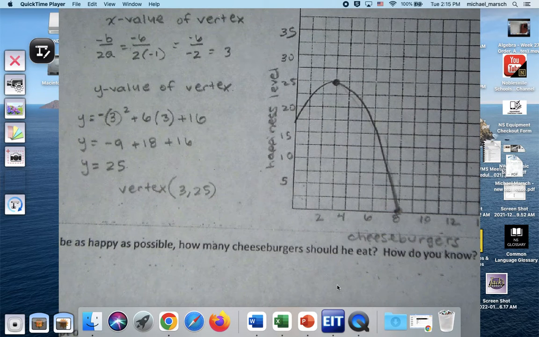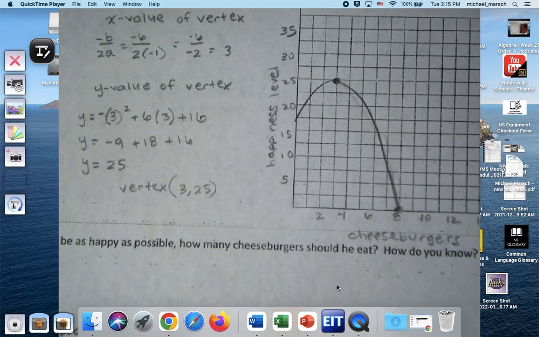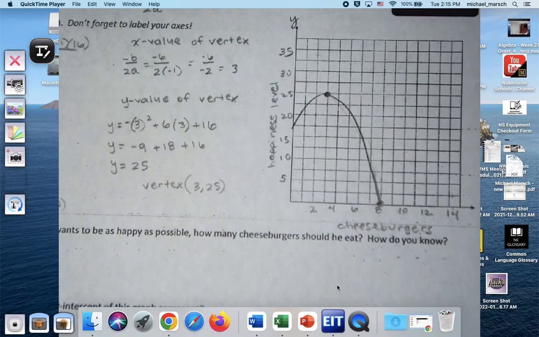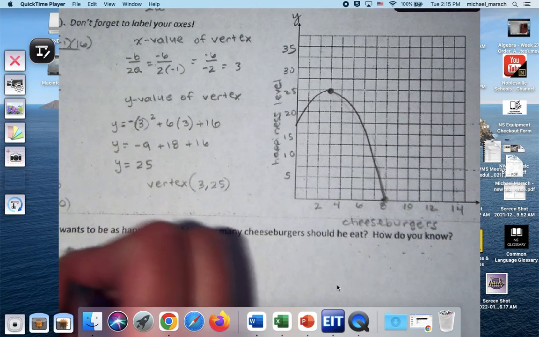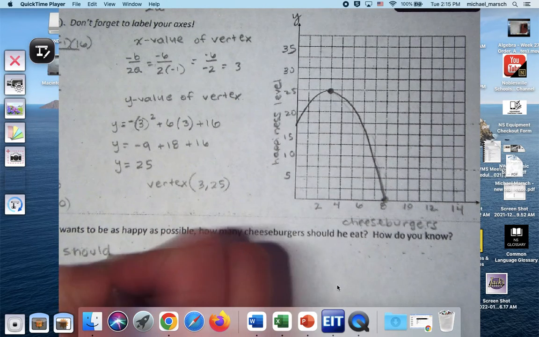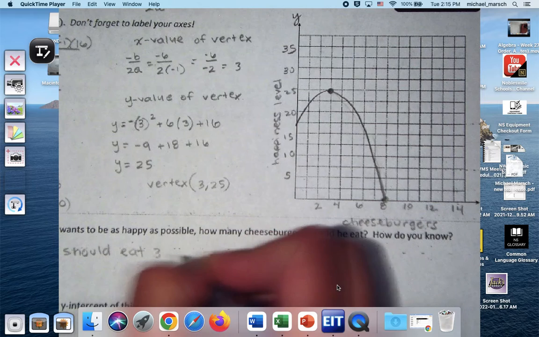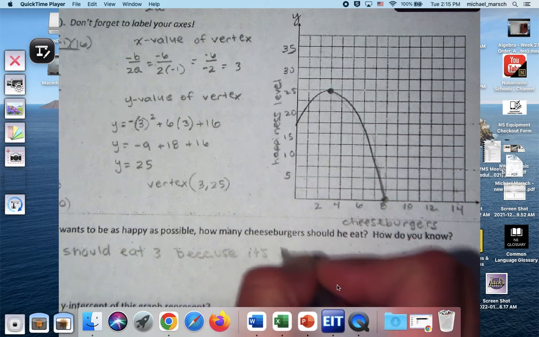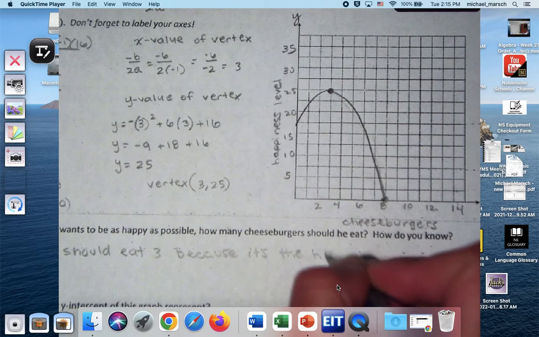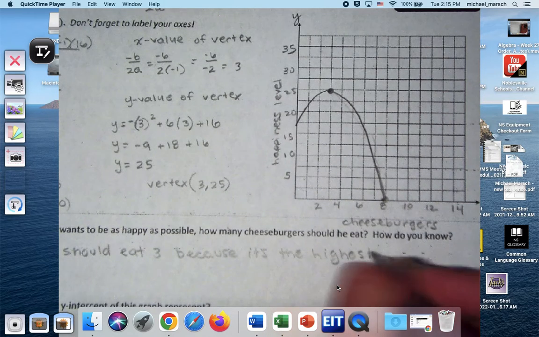Okay, if your friend wants to be as happy as possible, how many cheeseburgers should he eat? How do you know? How many? How do you know? 3. How do we know? He should eat 3 because it's the highest happiness level.